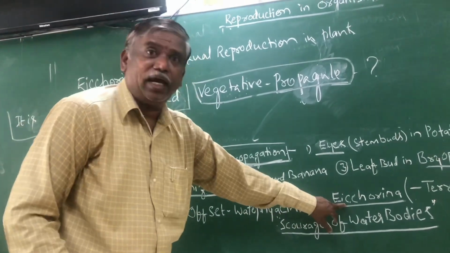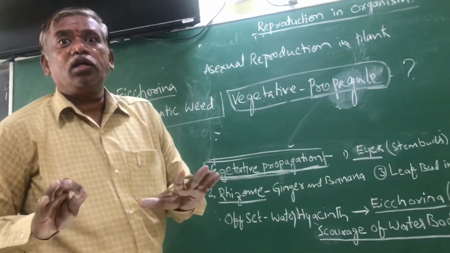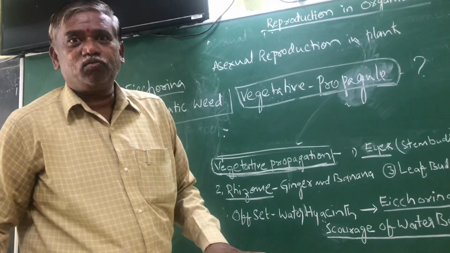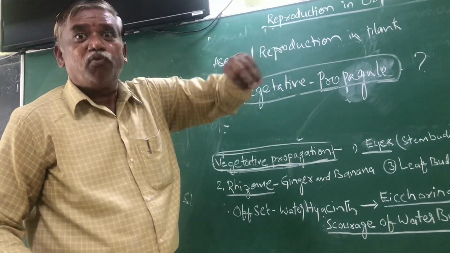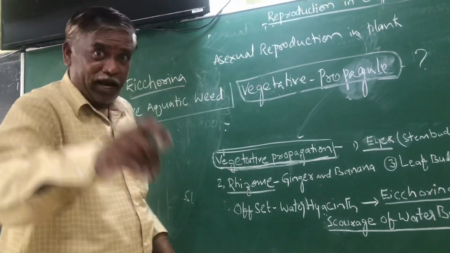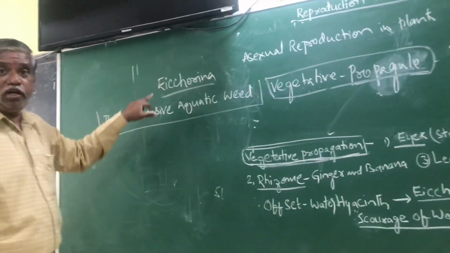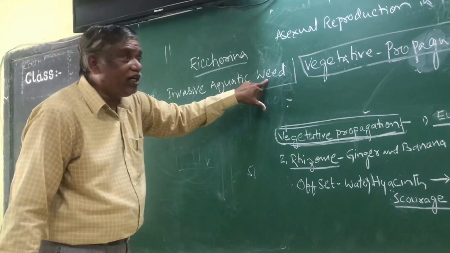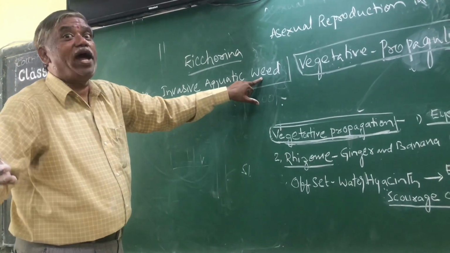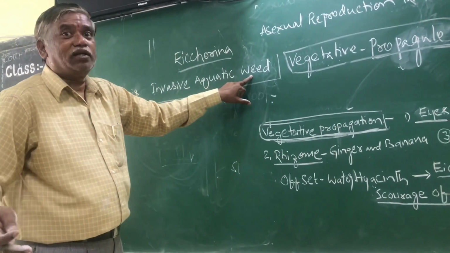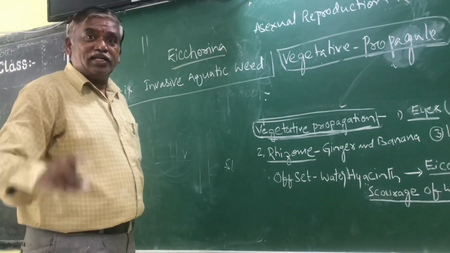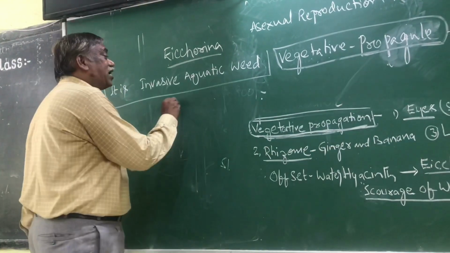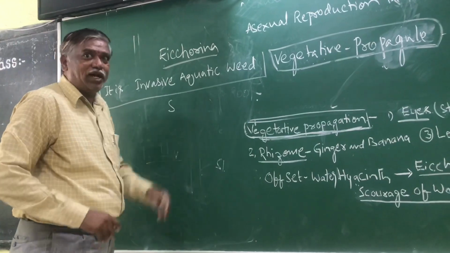Now what is this? Eichhornia. It is not of Indian origin. It is imported from other countries. Eichhornia is an invasive aquatic weed, a waste plant. It generally lives in stagnant water, not flowing water.